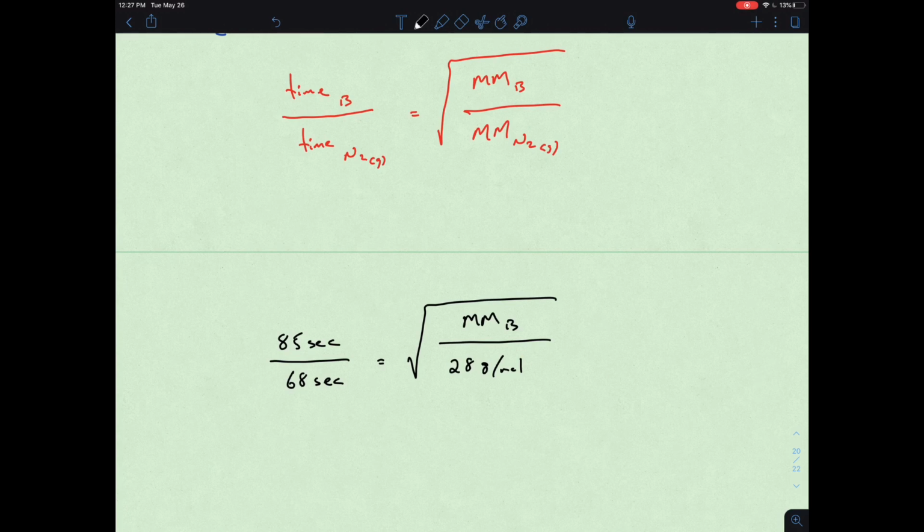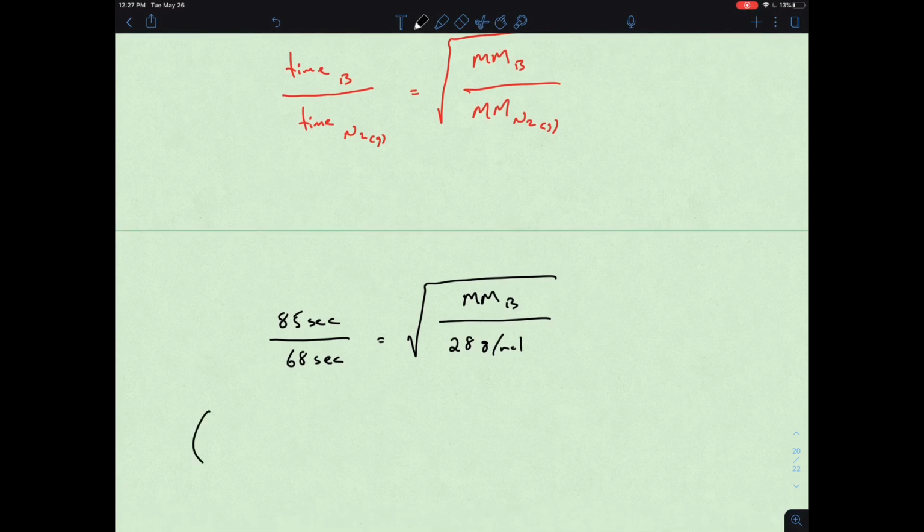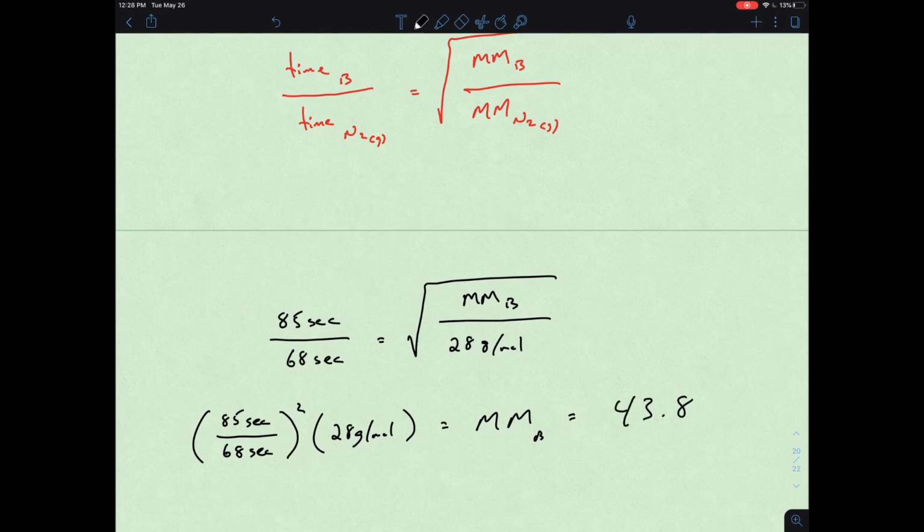So if we square both sides, that gets rid of the square root, and then if we multiply over our 28 grams per mole, we can solve for the molar mass of gas B, which just so happens to turn out to be 43.8 grams per mole.